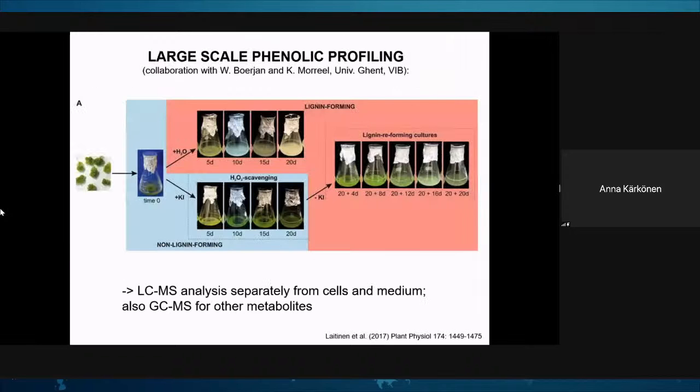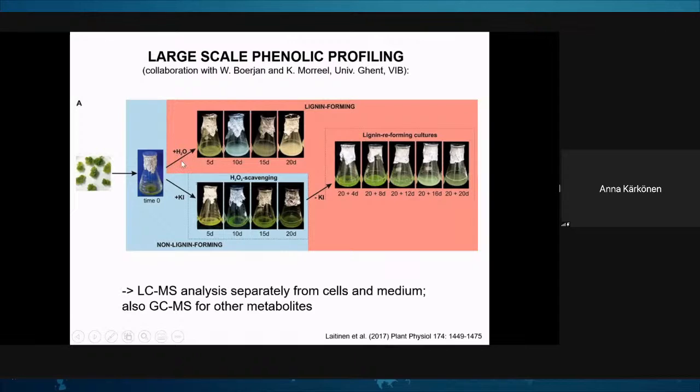And for this, we conducted large-scale phenolic profiling. This was done in collaboration with Wout Boeren and Chris Morel. And this is the setup for the experiment. At time 0, the cells are transferred from solid medium to liquid cultures, and we made a big volume of liquid culture that we aliquoted to different culturing flasks.